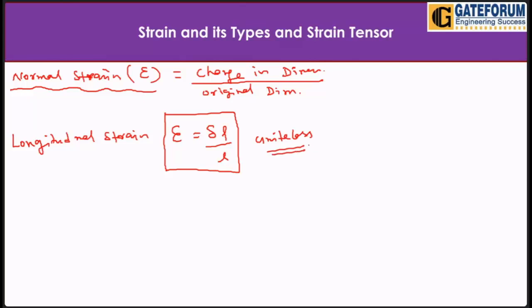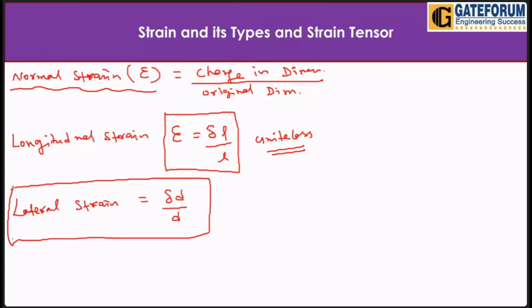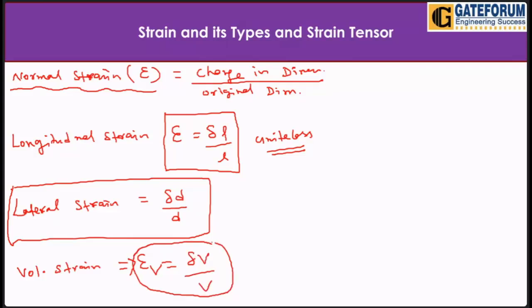Then we go for lateral strain, which can be change in diameter to original diameter, that also unitless. Then if you go for volumetric strain, that is change in volume to original volume.